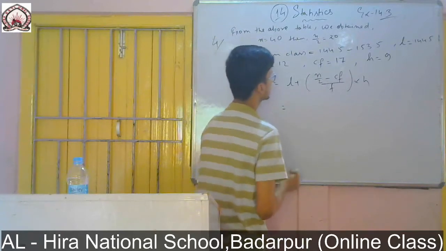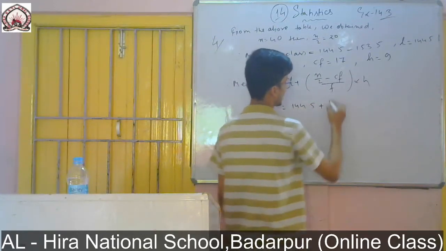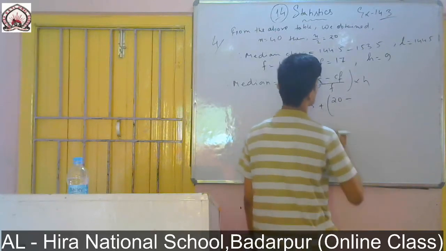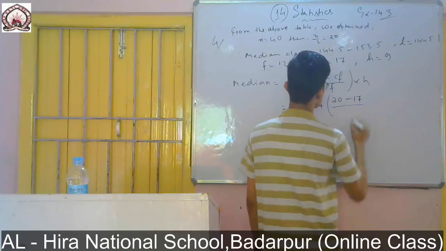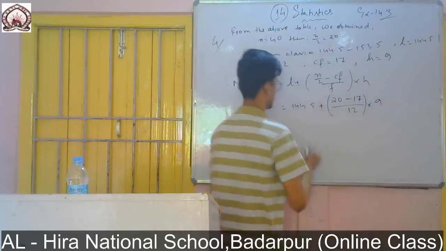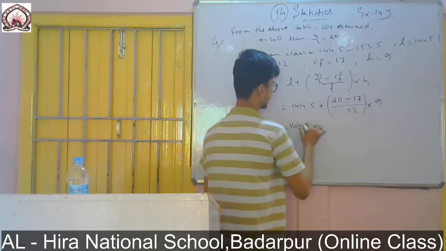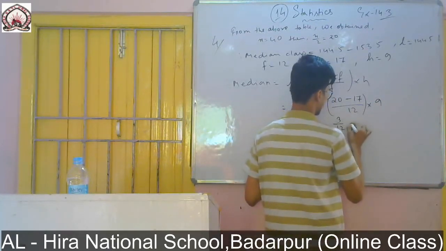Lower limit is 144.5 plus n by 2, which is 20, minus CF, which is 17, divided by frequency 12, into height 9. So 144.5 plus 3 by 12 into 9.